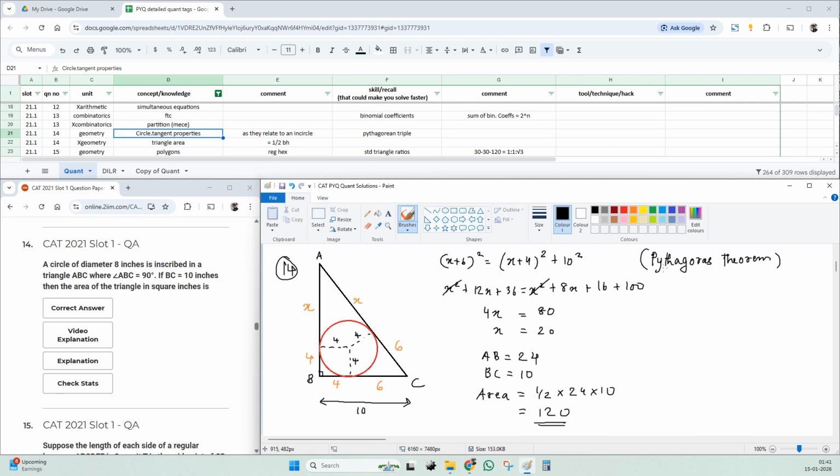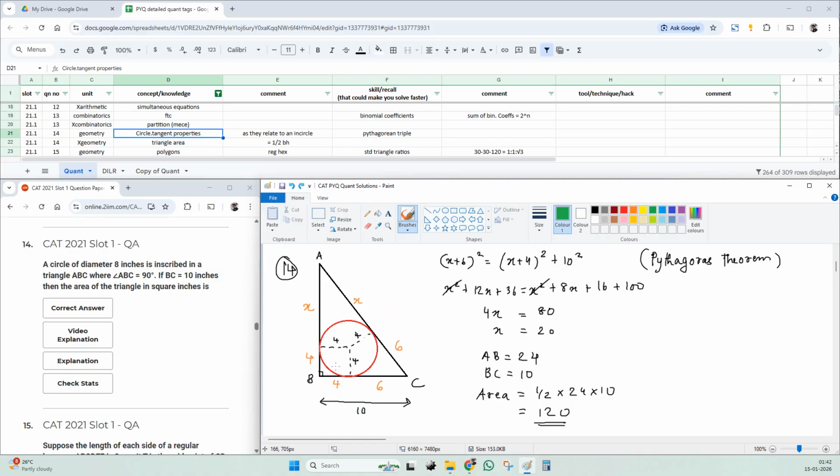Now, what are the optimizations? There are a couple. One is to just ask yourself, you have to identify this first. You have to identify that because the 10 is split as 4 and 6, you will have a 4 and a 6 here, and you will have an x and an x here, which means that the hypotenuse is 2 more than the first side.